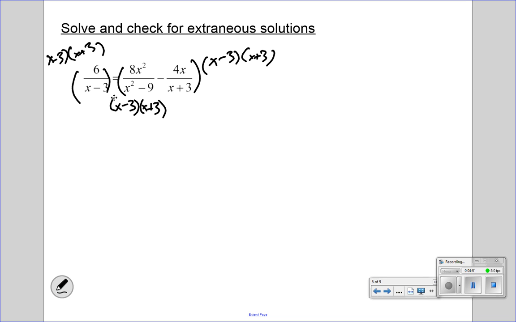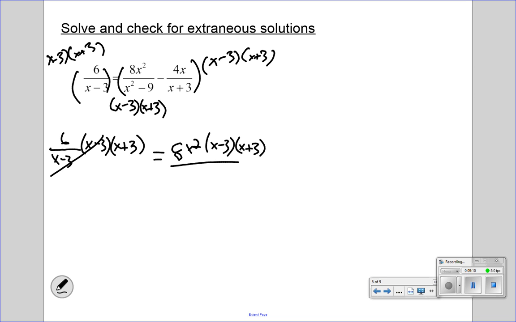Alright. This first one, so we have 6 over (x minus 3)(x plus 3) times (x minus 3)(x plus 3), those cancel out, equals 8x squared over (x minus 3)(x plus 3) times (x minus 3)(x plus 3) over (x minus 3)(x plus 3).